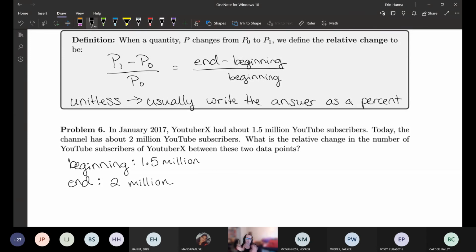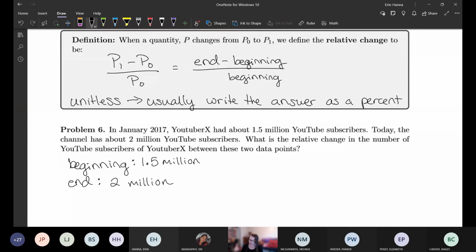You want to make sure that your units match if you're going to start subtracting things. Since they're both millions here, we don't have to write them out with a bunch of zeros. We can just use 2 and 1.5. But you should be triple checking before you start subtracting things or writing down answers, because if the units are different, then things get a bit wonky.